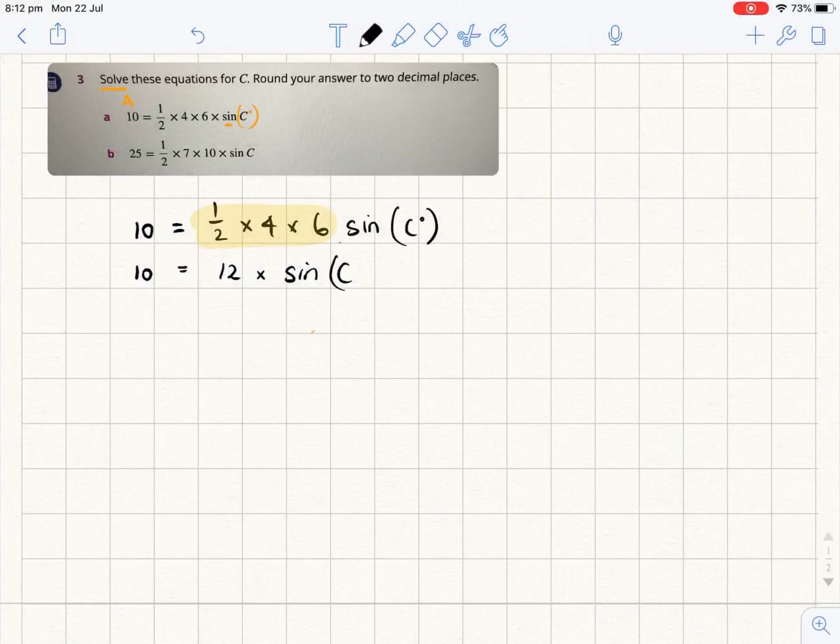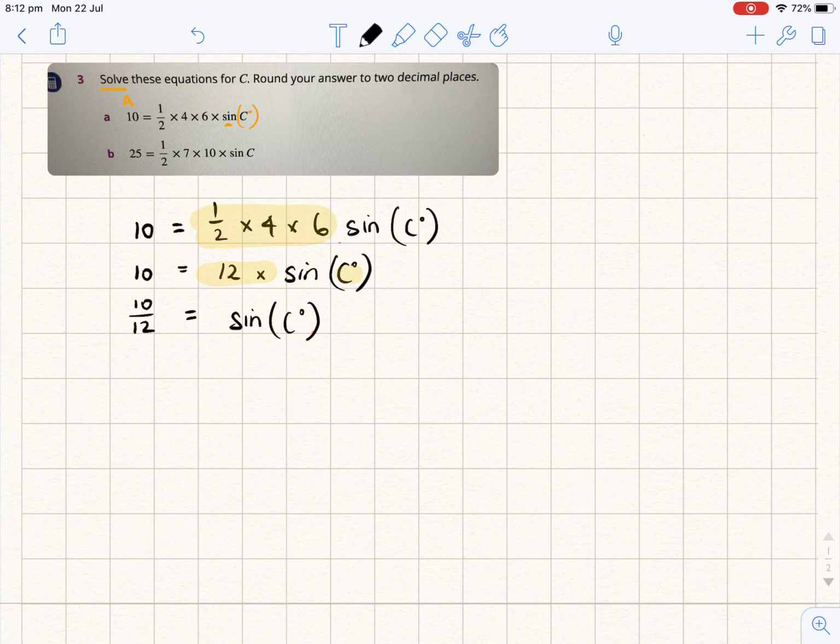So now my question looks much easier. The next step, I'm trying to find out what C is. So if I want to know what C is, I have to get rid of a times by 12. And the opposite of times by 12 is to divide by 12 on the opposite side of the equal sign.